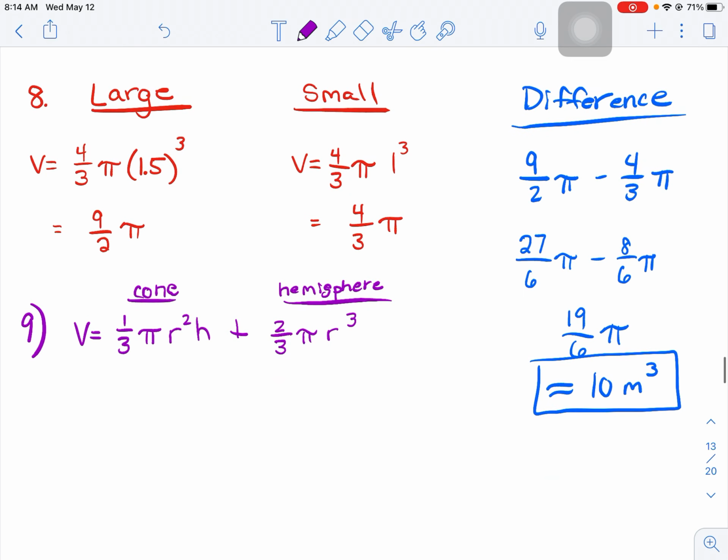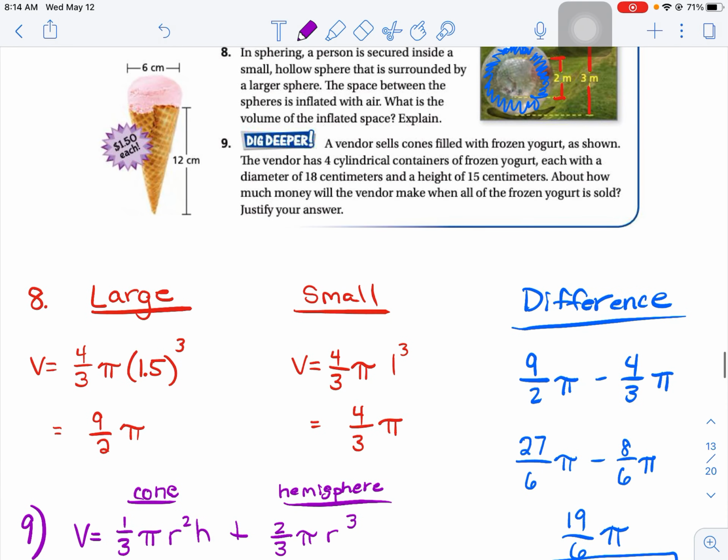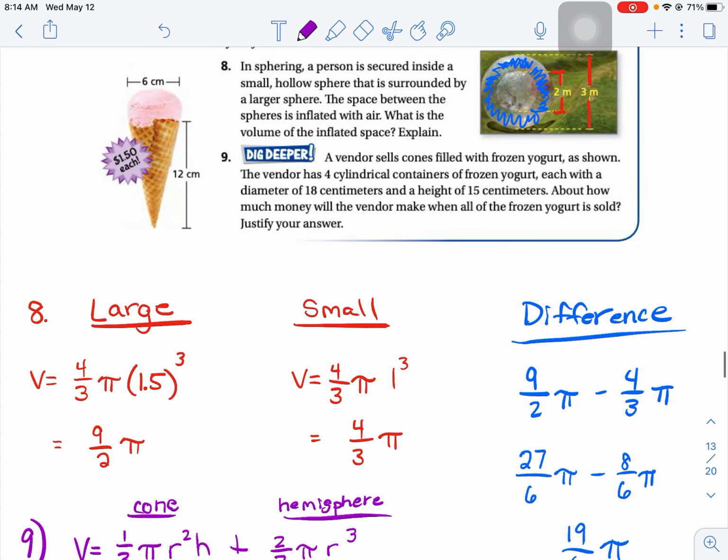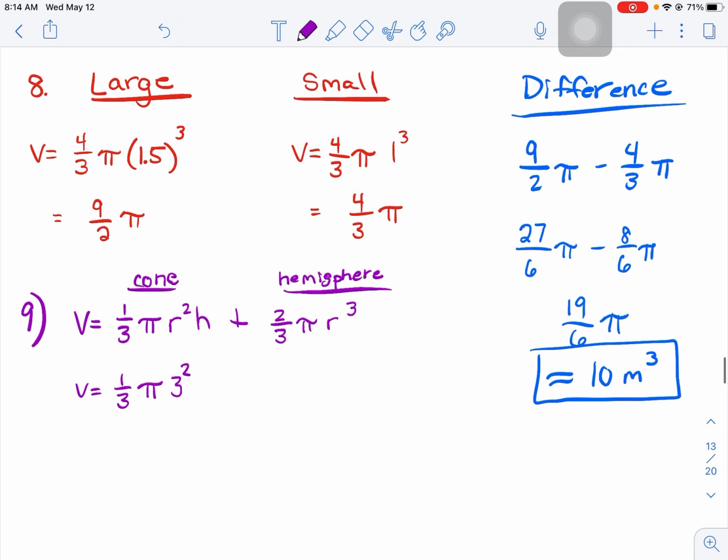If we substitute those values in, my radius there was 3, squared, not cubed, and my height was 12.